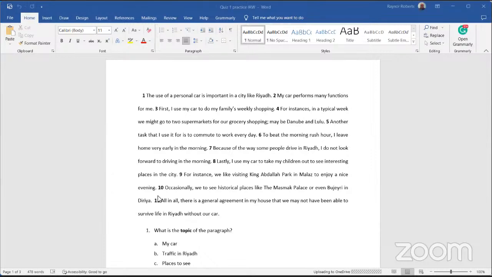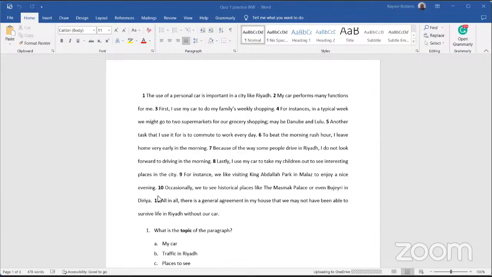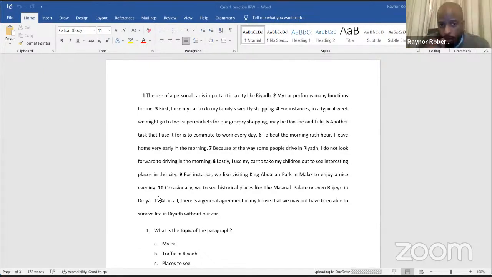We might go to two supermarkets. Two supermarkets, that's number 2. And then the next is actually 3: for our grocery shopping.